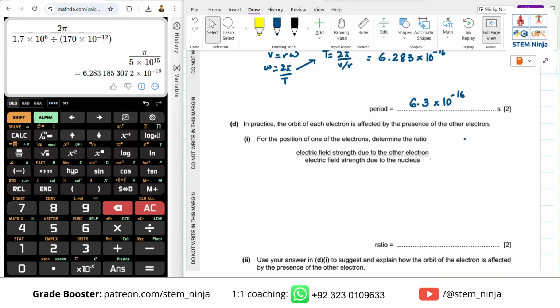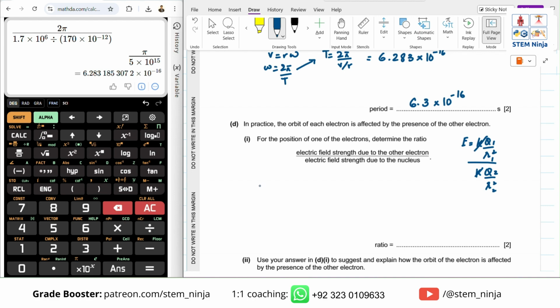So electric field strength, we know that this is just kq over r squared. So in the ratio, k and k would be cancelled out, and obviously the values of charges would also be different.